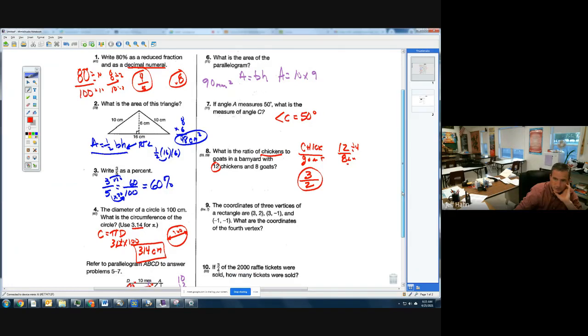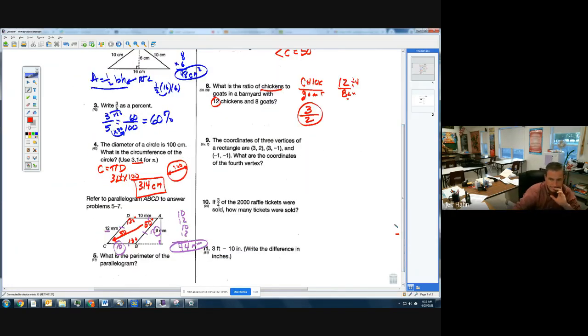Problem number 9, the coordinates of 3 vertices of a rectangle are given. What are the coordinates of the 4th? Again, please do this on a piece of graph paper, or on your homework or test paper. Here's what it would look like.